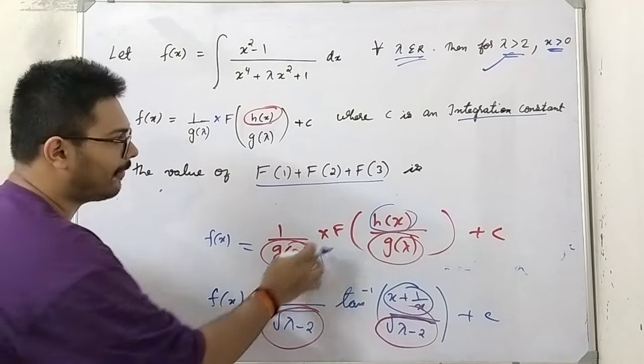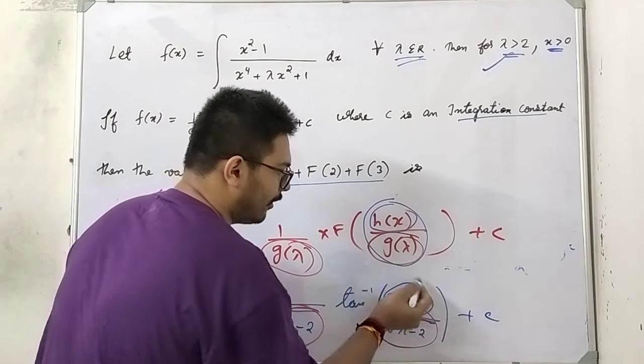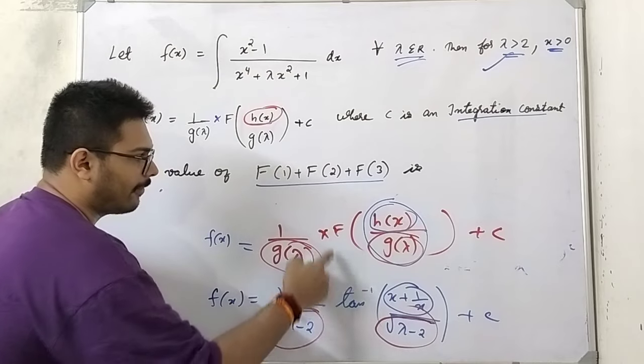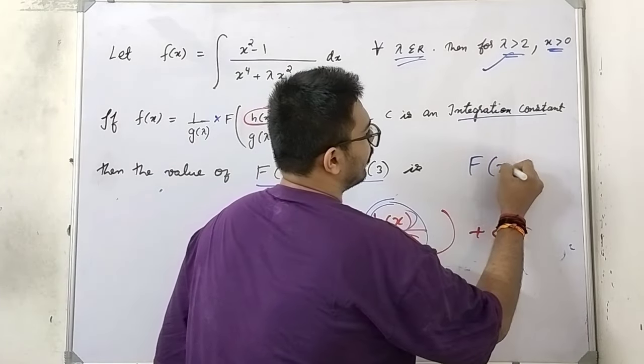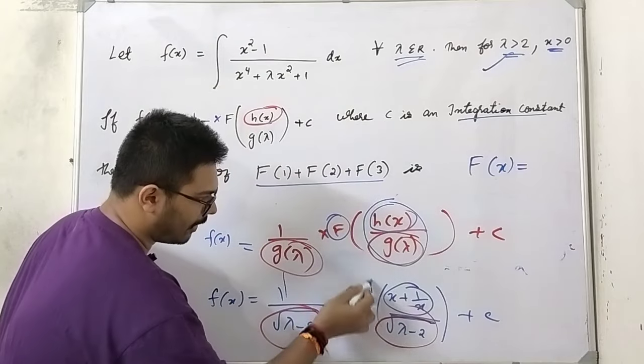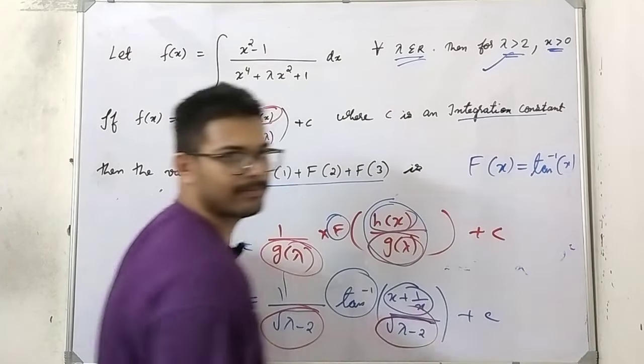Similarly, what is the value of the main function capital F? Inside this function, these are the input values. Capital F of x equals tan inverse of x.